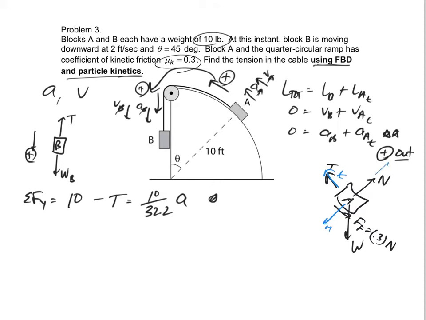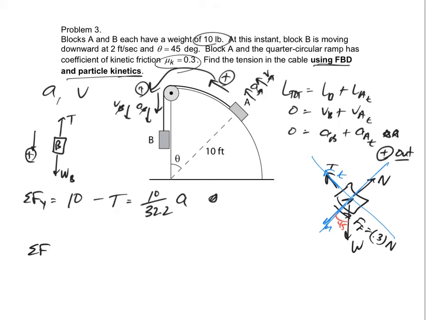So these are going to be my axes. Luckily, these three forces align along those axes. This W does not, but we're lucky that it's 45 degrees. So that's that 45-degree angle right there.